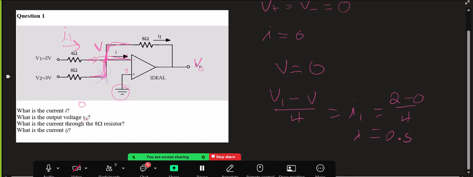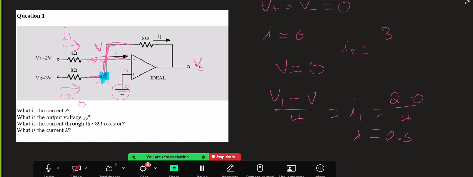It's 0 as well. So if I want to find I2, I say I2 equals 3 minus 0 over 8, or 3/8. By the way, y'all have to really keep an eye on me when it comes to dividing and multiplying, because I can't do it. 0.375 amps.